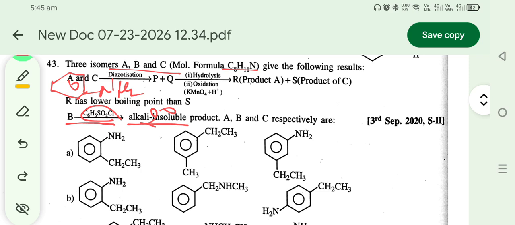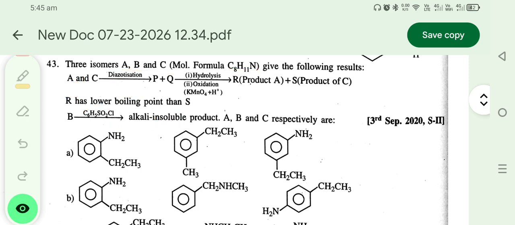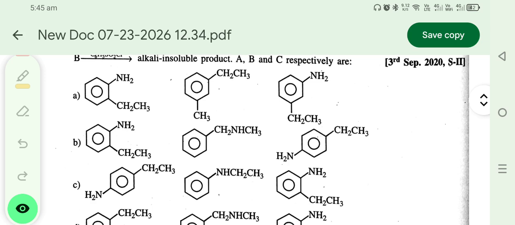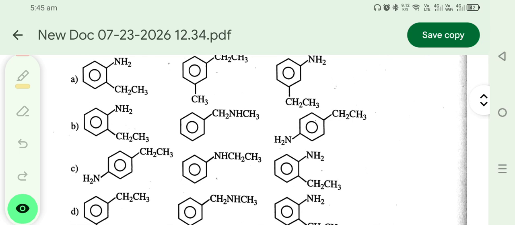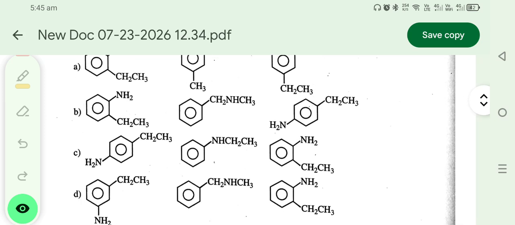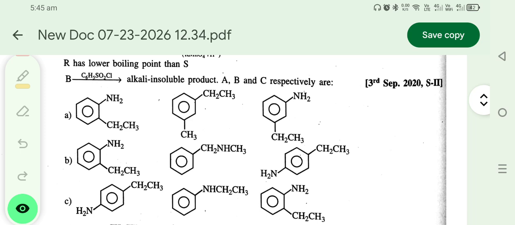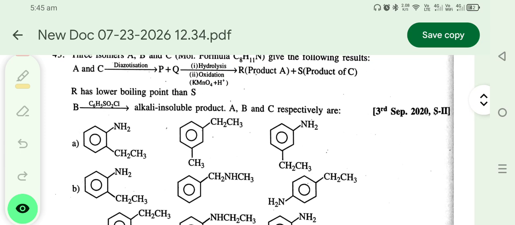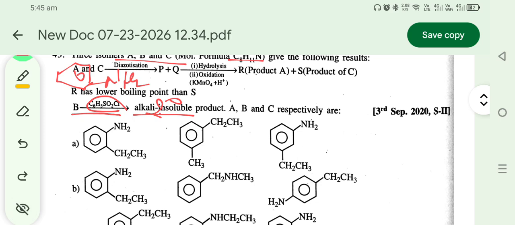So in that product A, B, C respectively. In the first option, it is an aniline that can form a diazonium salt. Option A is correct with respect to diazonium, and B is also correct. Primary amine forms a diazonium, and C also forms a diazonium. D also forms a diazonium. And compound B is insoluble in alkali.